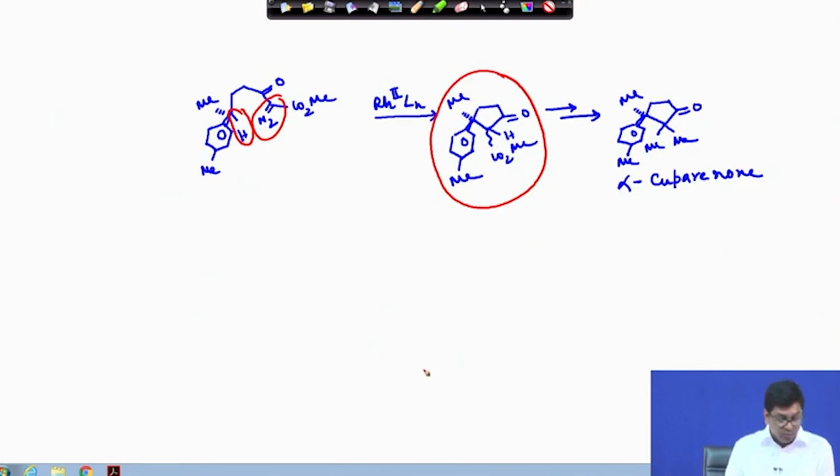In a similar way we can see another example where a sulfone has been used as the carbene precursor. So the diazo is flanked with an ester and a sulfone moiety.